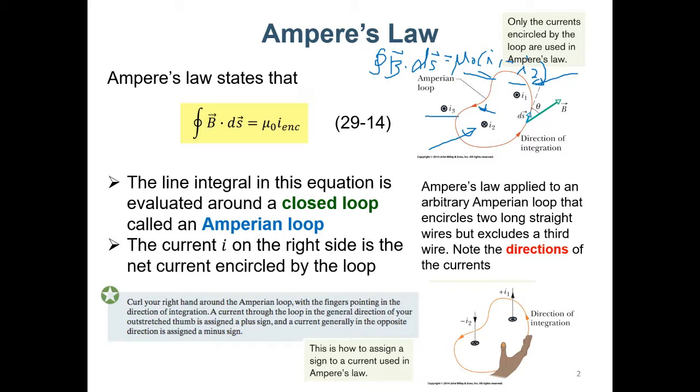So I3 is outside the loop, so the effect of this current on this line integral is 0. Of course, they will generate some field, but the line integral is unaffected.